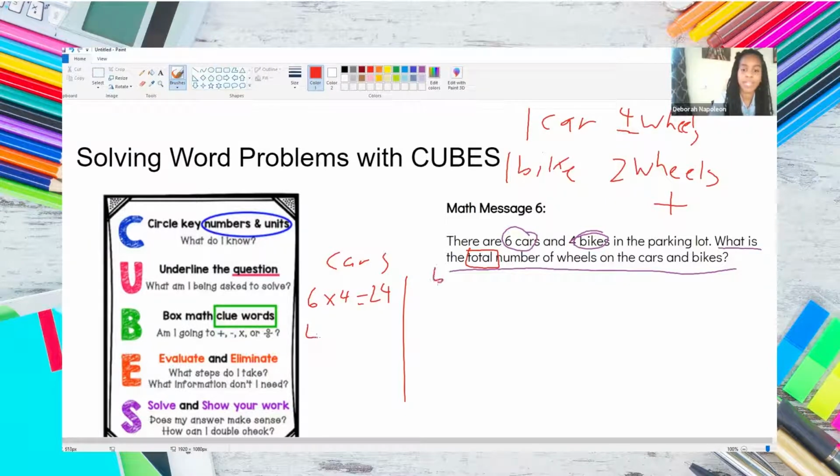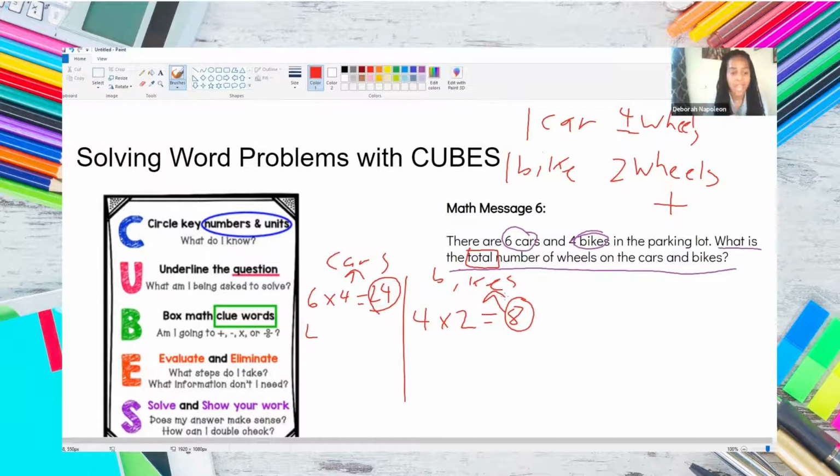I have 4 bikes, and each bike has 2 wheels, and 4 times 2 equals 8. So there are 24 wheels across 6 cars, and there are 8 wheels across 4 bikes.